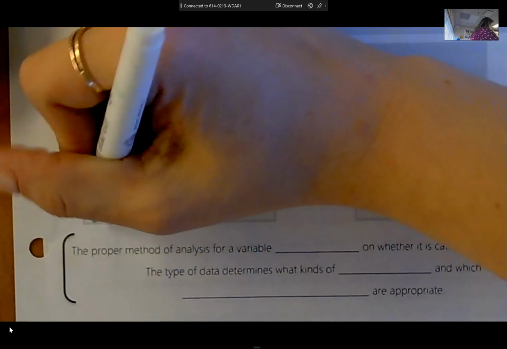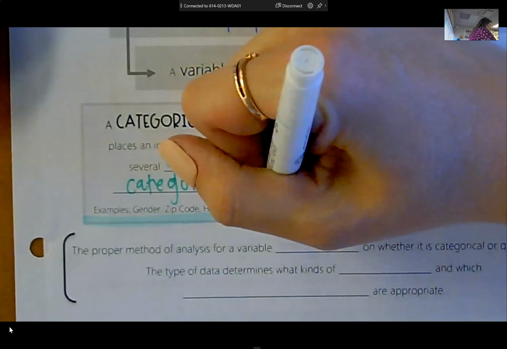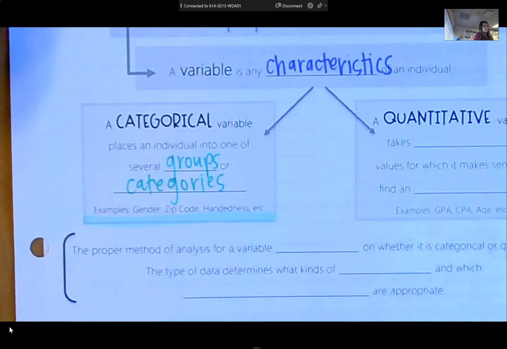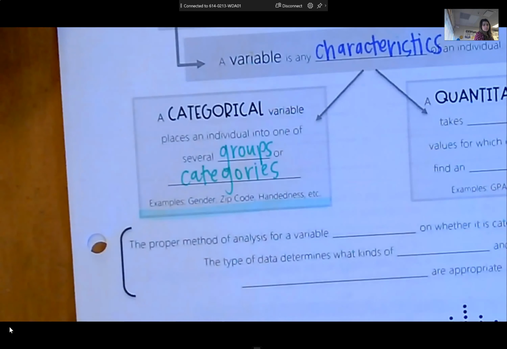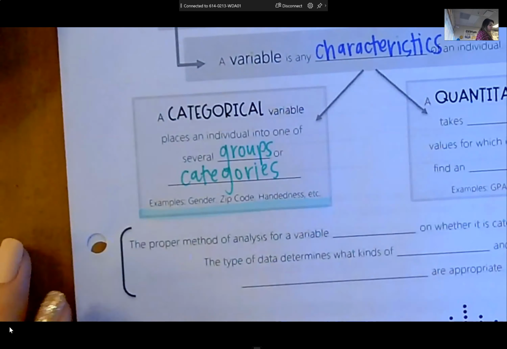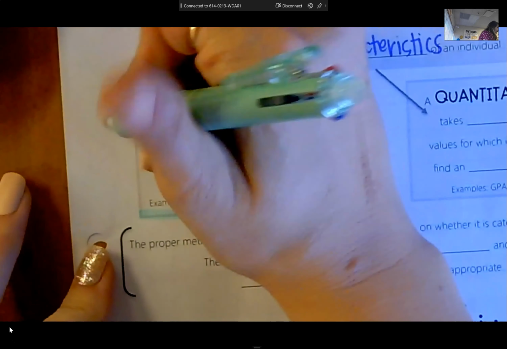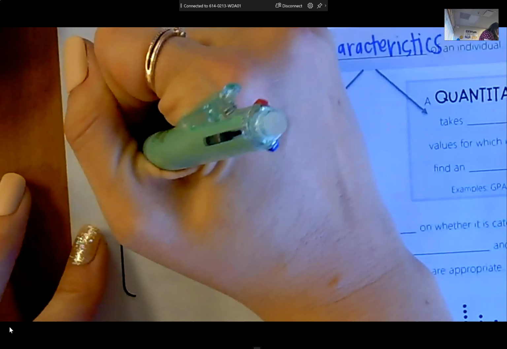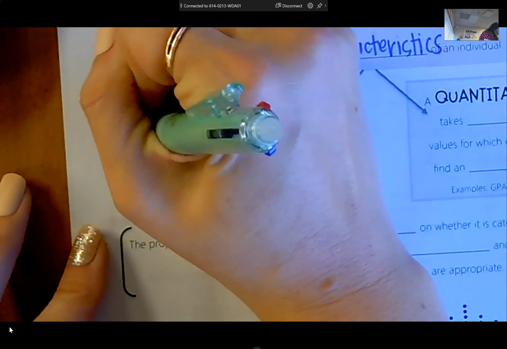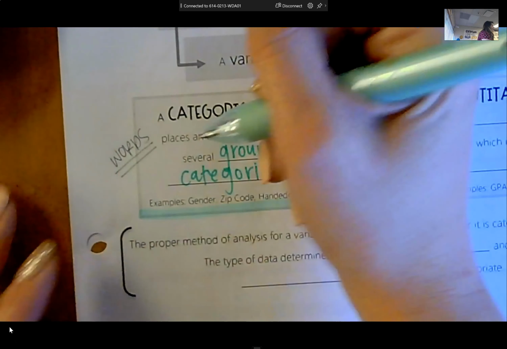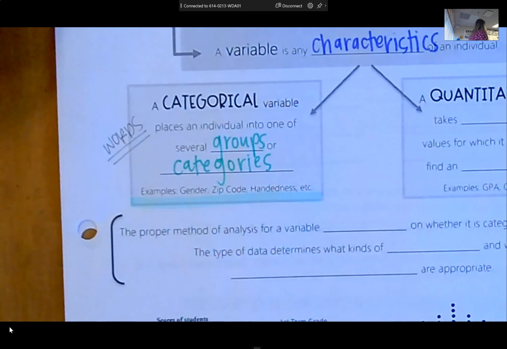We are describing our data with words. They cannot be averaged. You cannot find the average gender.